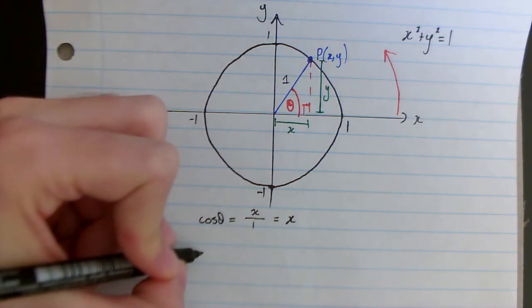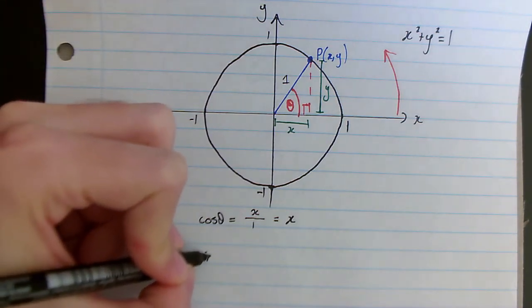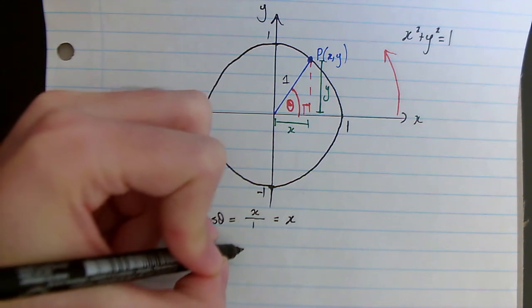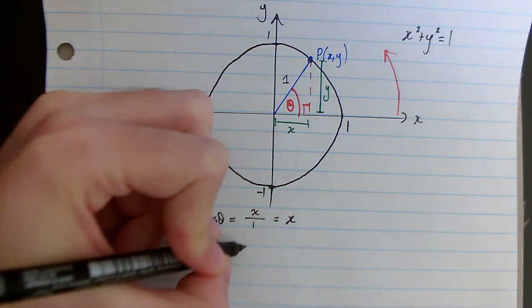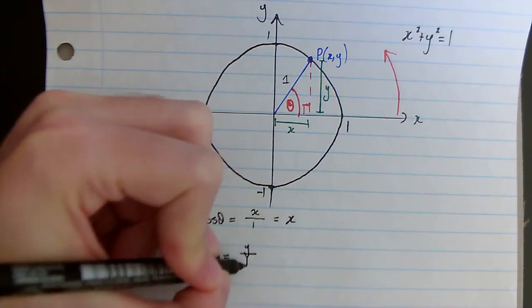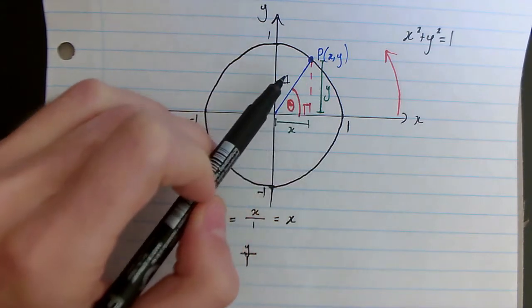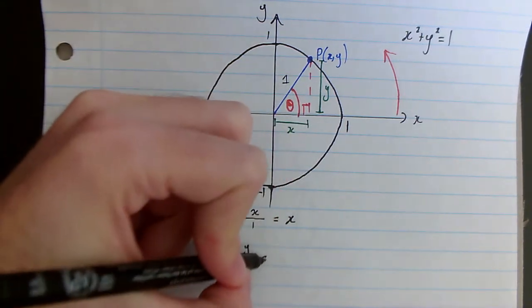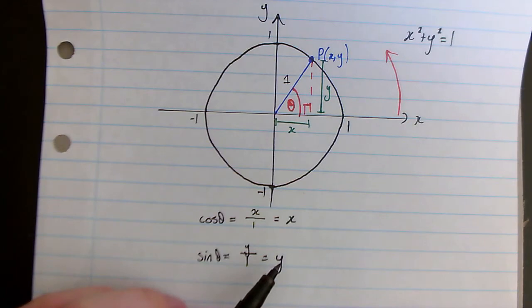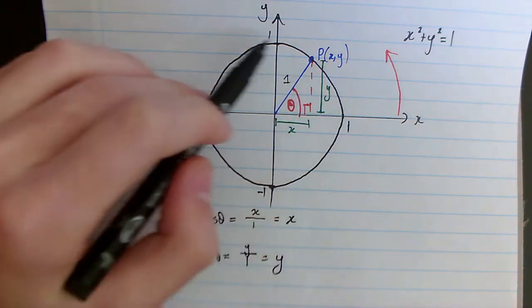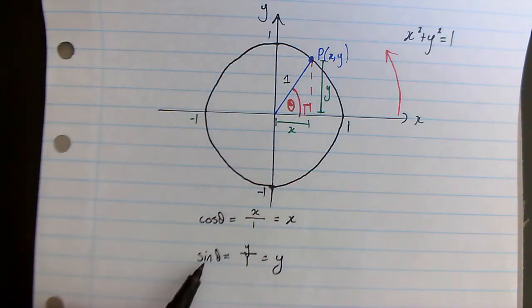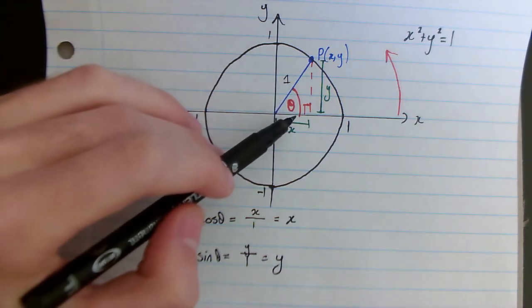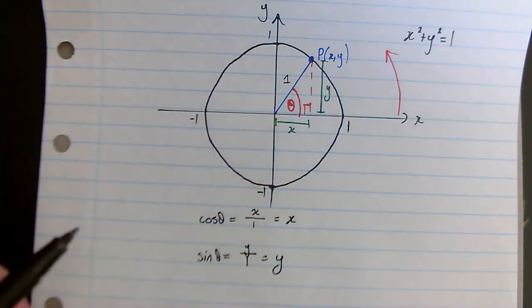By a similar reasoning, looking at the definition of sine theta, we get sine theta is equal to opposite over hypotenuse, which is y over 1, because that's the opposite side over 1. And that's just equal to y. So yet again, the y coordinate of any point on this circle is equal to the sine of whatever angle it makes from the x-axis.